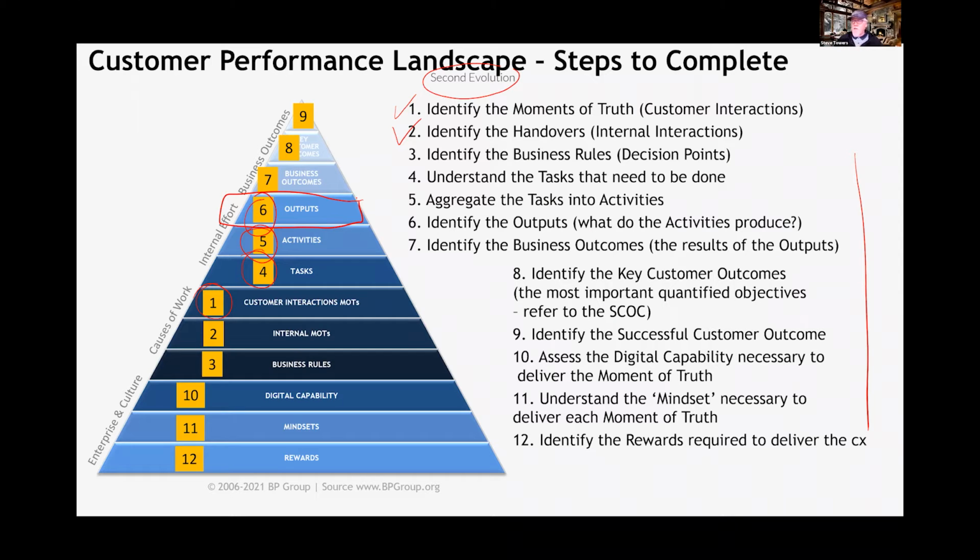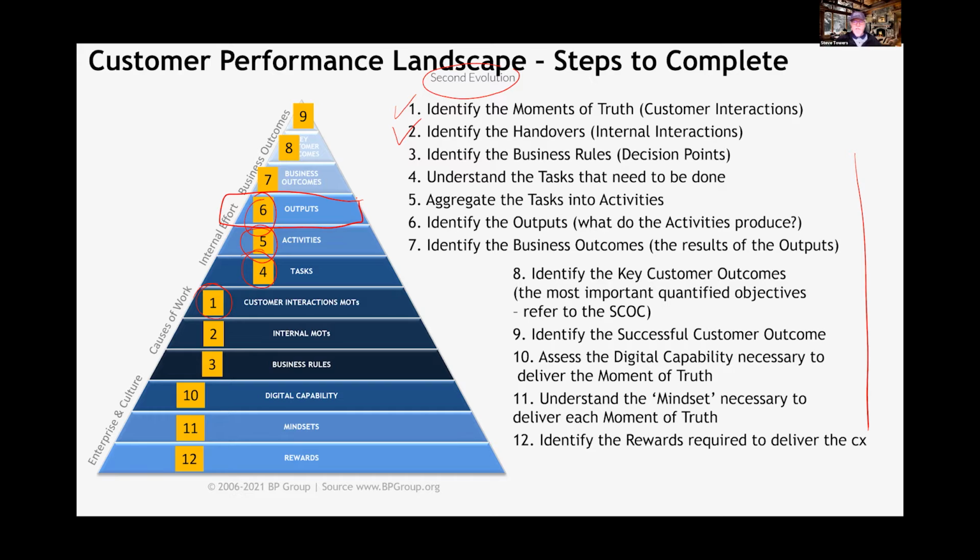So it might be, how many people did we get coming in through the doors today? How many people bought product? What was the range of the purchase of those products? So what was the distribution? What was the high-end product? What was the low-end product? And so on. Are they recurring customers and so on? Those are all output measures.